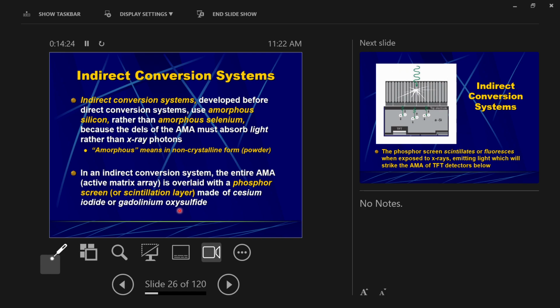X-rays pass through the cover and hit both layers of screen, and the screens shine a light. When X-rays hit the screen, it emits visible light. So what's actually exposing the film is the visible light coming off of the intensifying screens.